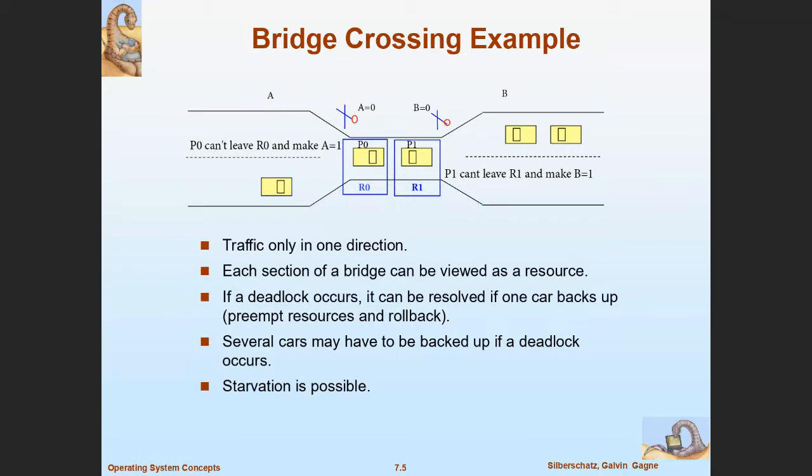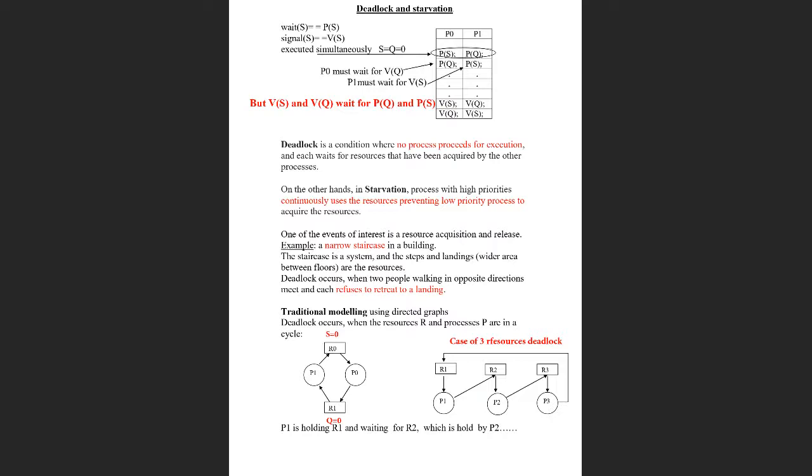Each section of the bridge is viewed as a resource, as you can see in the picture. If deadlock occurs, the only solution would be to back up, which we call preemption. So it may happen that several cars may have to be backed up. So starvation is possible, which means such a situation may last infinitely.